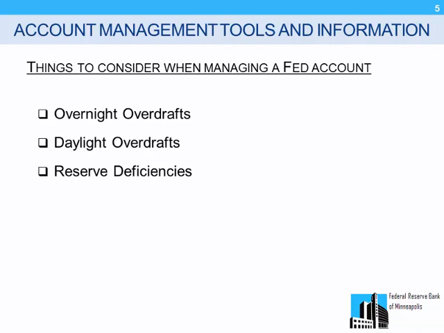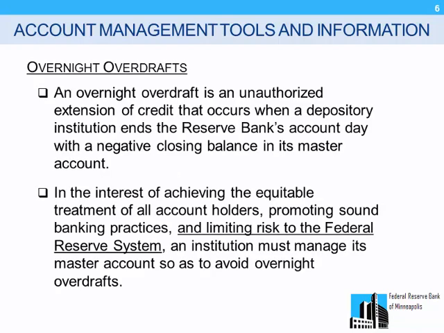The first thing is overnight overdrafts. What's on slide 6 is that it's an unauthorized extension of credit. Basically, when your account here at the Fed closes in a negative position at the end of the day. The official expectation from the Federal Reserve is that institutions will effectively manage their account so they don't have a negative balance at the end of the day.